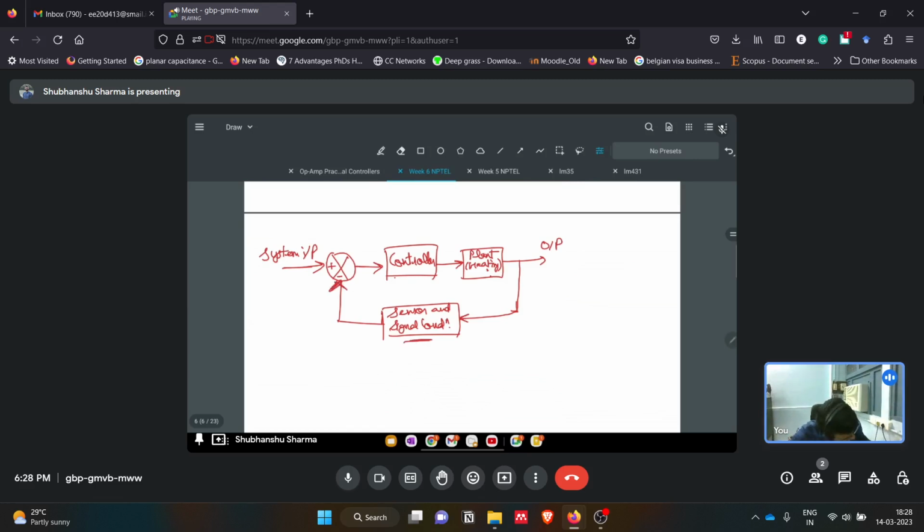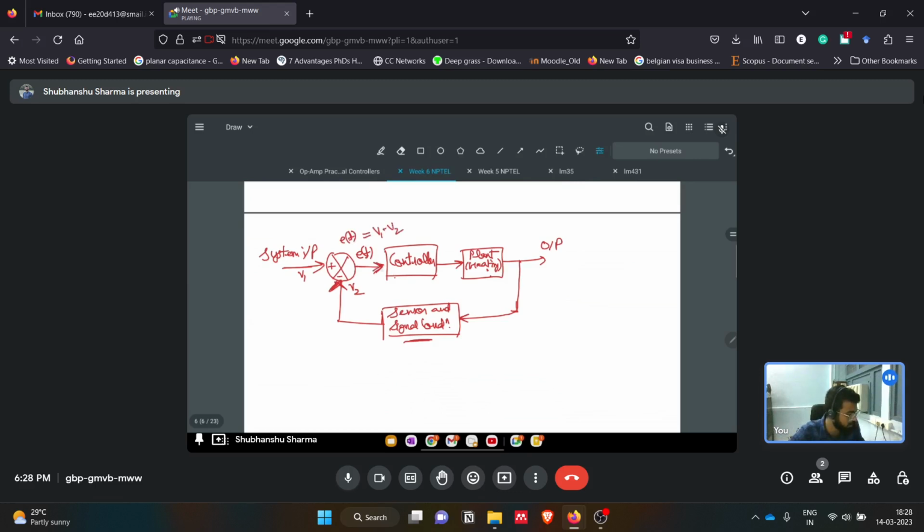So in this summer, whatever feedback we get from the output, an error will be generated. V1 is the input, and V2 is the feedback input to this summer. So that will generate E of t. E of t is basically V1 minus V2. That will be the error.